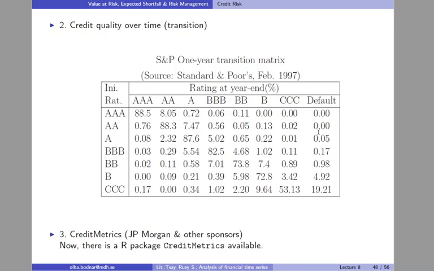Okay, maybe I was a bit optimistic. 96.56, 97. Yeah, okay. Considering rounding errors and everything, this still sounds roughly 100%. So yeah, this is basically a transition matrix.